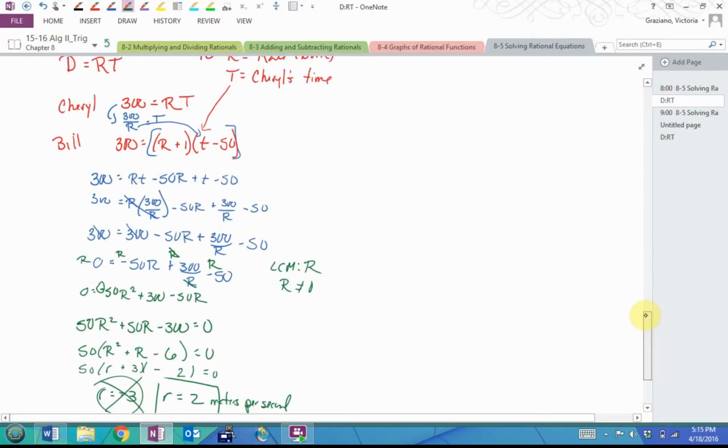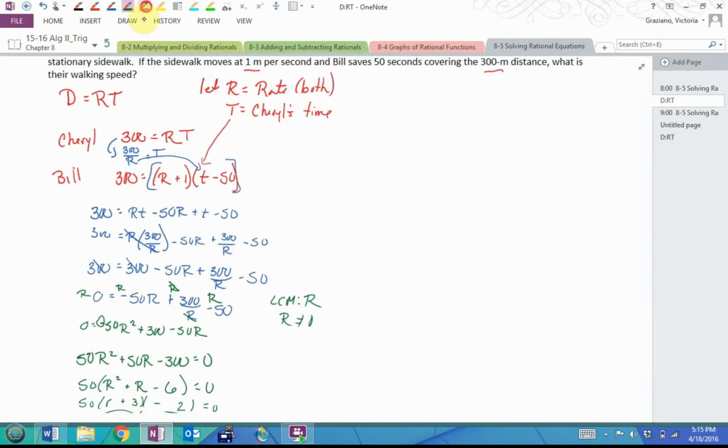When I did this problem earlier, I actually solved this thing for r instead. And so I ended up solving for time and then had to substitute it back in. I'm going to throw out another option for you just to see some variety. I could have done it this way, where I have Cheryl is 300, rate times time.